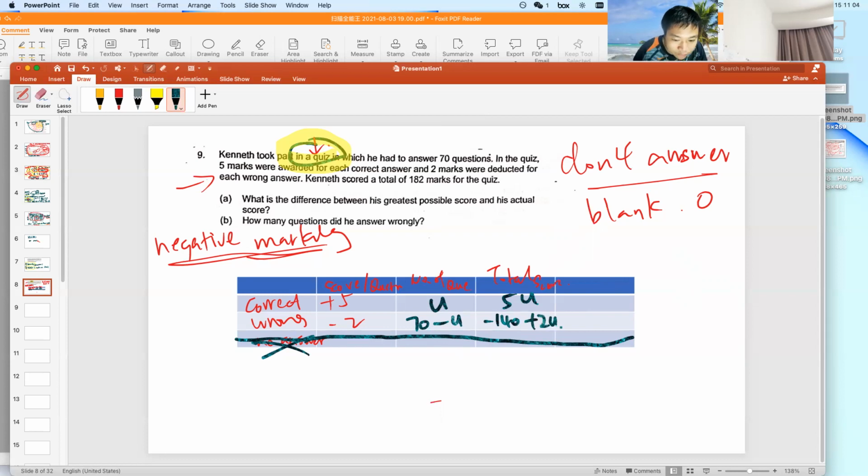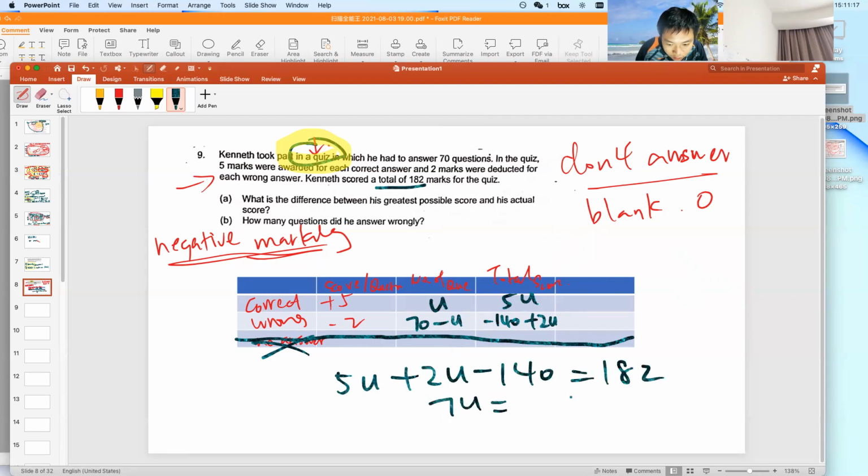So with this, you continue to answer the question. The total score: 5U plus 2U minus 140 is your 182. Therefore, 7U is 322, so U is equal to 46.